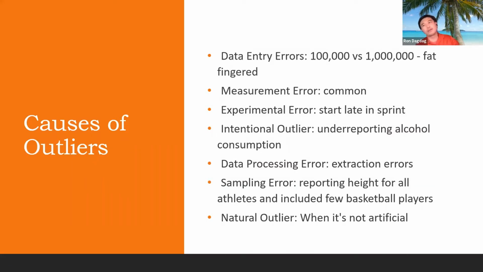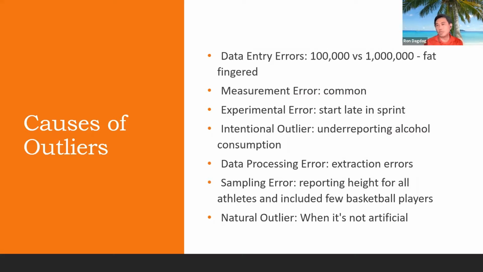Data processing error also. It's how you extract your data. You're reading from a database, and somehow there's some processing in how you extract that data. You transfer from one data to the other, and when you do your conversion, that can cause data processing error. Another is through sampling.